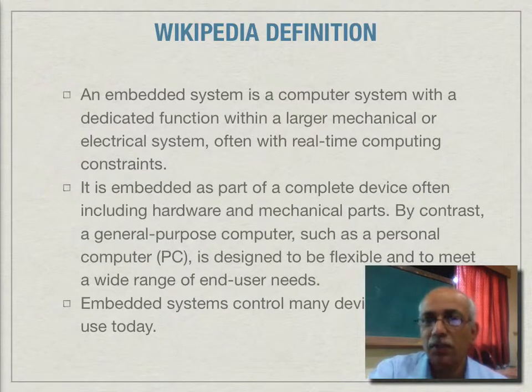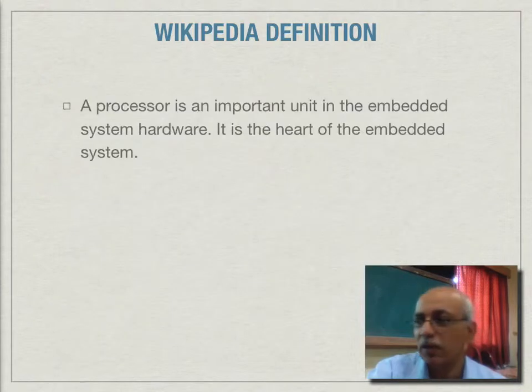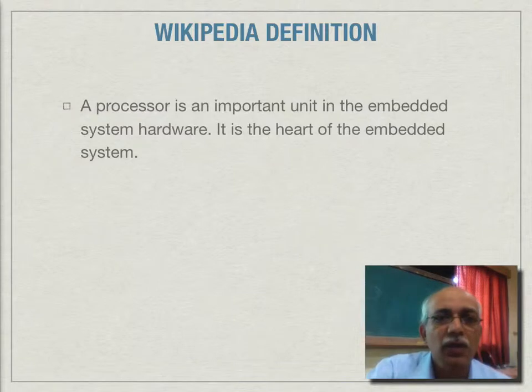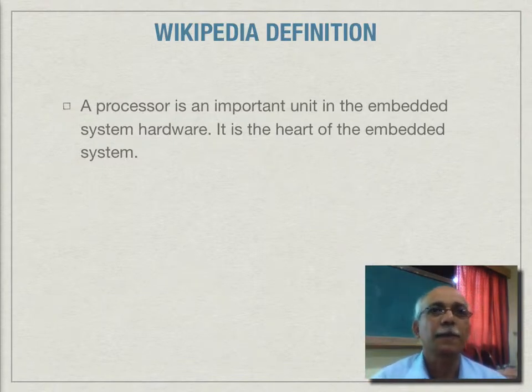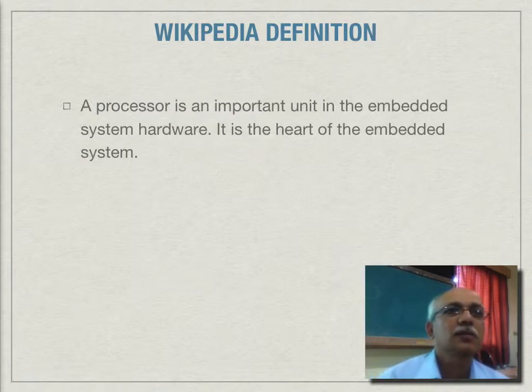So, if you look at the common devices we have, I am going to show you some examples later on. If you look at any embedded system device, you will find that the processor is a key part in that. For example, a mouse is an embedded system.